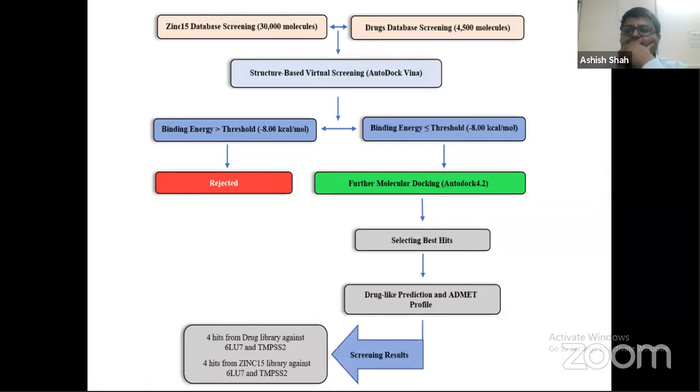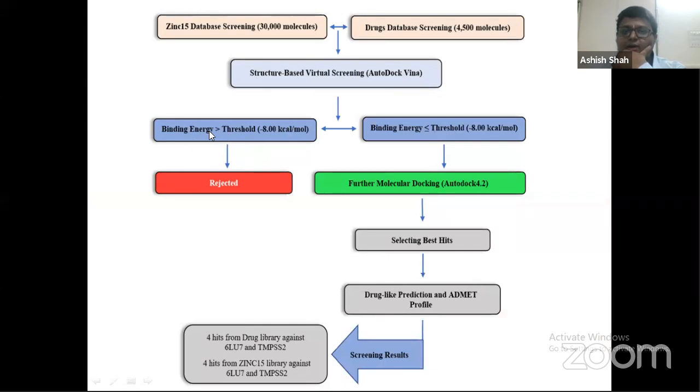This is the work. They used the ZINC database. They started with around 30,000 molecules and first screened down to 4,500 molecules based on their ADME properties. Then they did structure-based virtual screening based on docking.